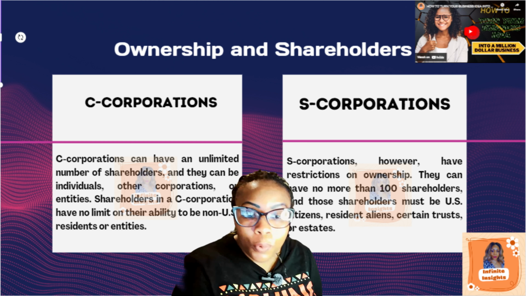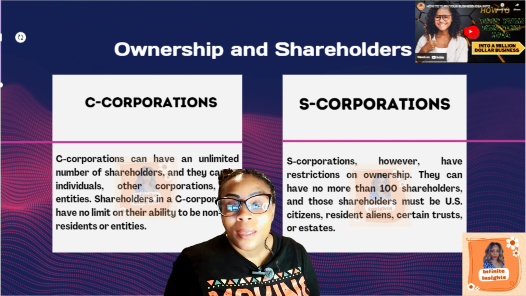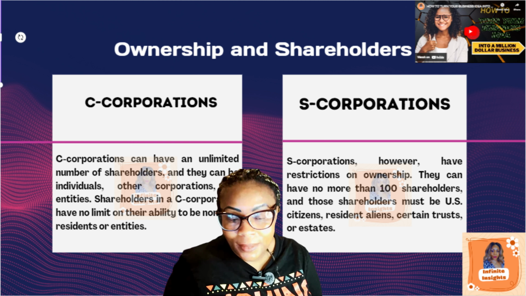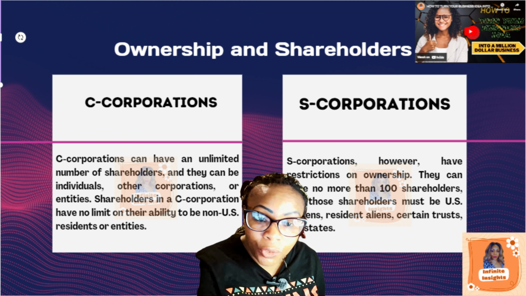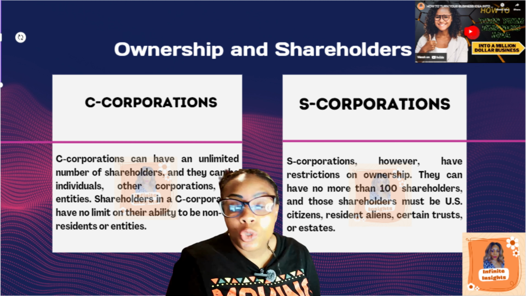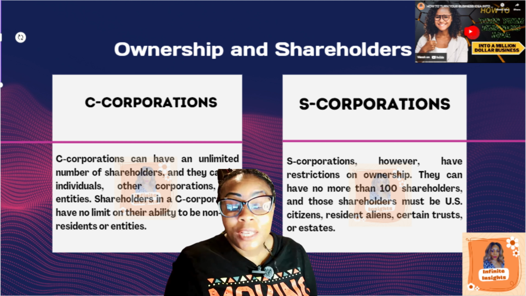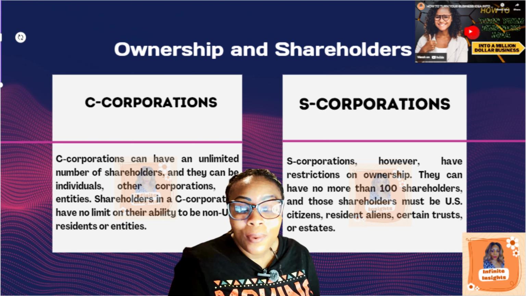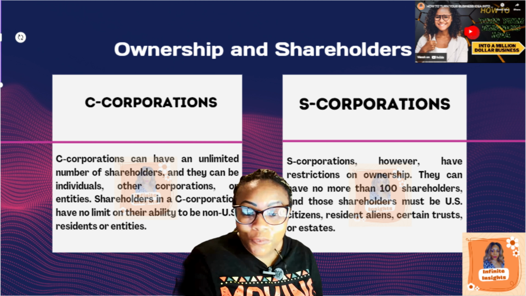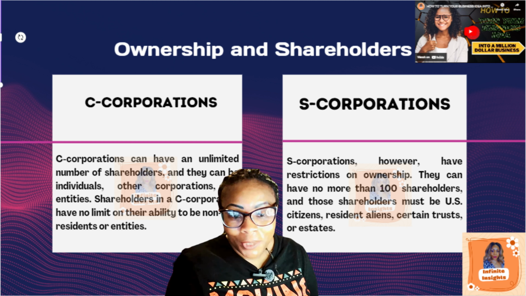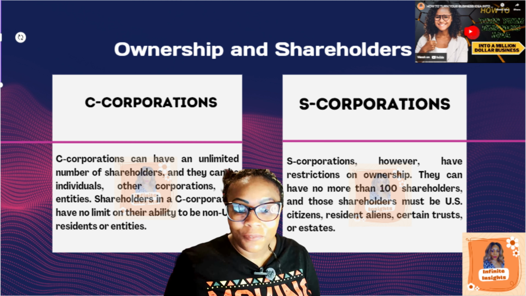With the C corporation, you can be a non-US citizen, but with the S corporation, you have to be either a US citizen, a permanent resident in the US, a trust, or an estate. Section 4 is over with the ownership. Let's jump to Section 5.